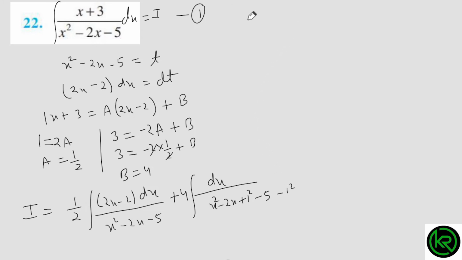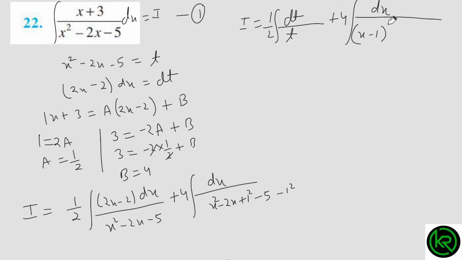So we are now getting, by using the second equation, (2x minus 2) dx will be dt upon t, so plus 4, and dx upon, we will make here (x minus 1) whole square, and minus 5 minus 1 is minus, we can write root 6 square.